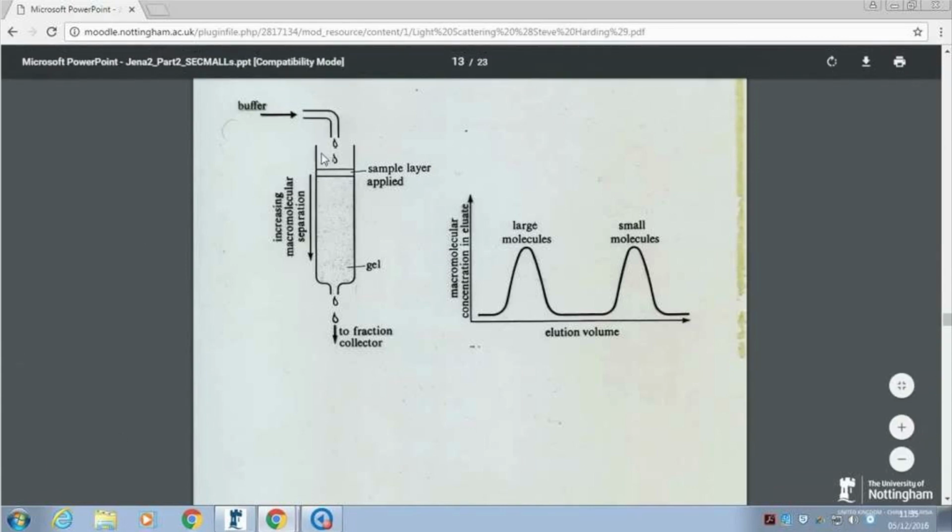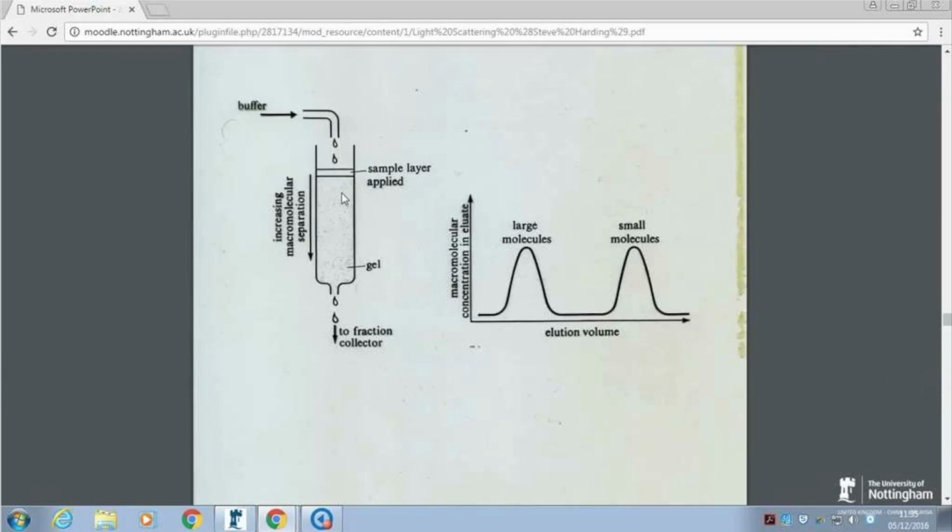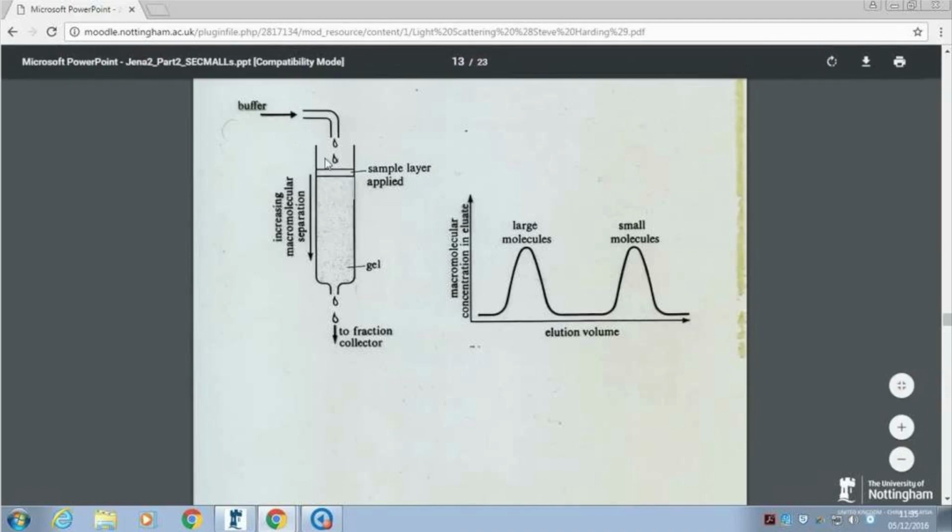You've got a gel, a porous gel, something that lets material through. Not a solid gel. That wouldn't do, would it? It would just fill up and spill over. So it's got to be a porous gel. And you've got buffer, which passes through here.